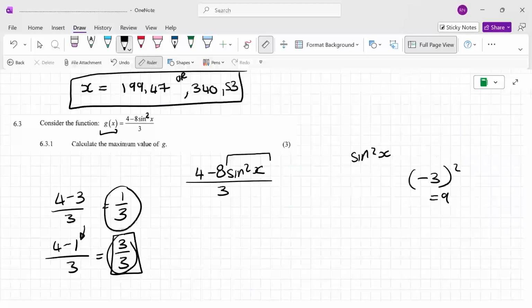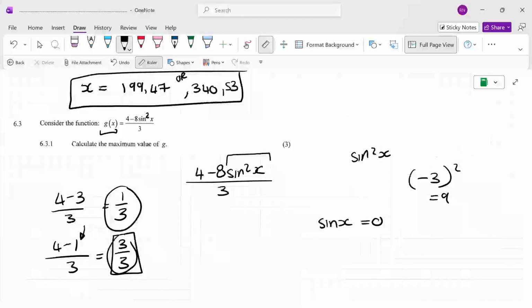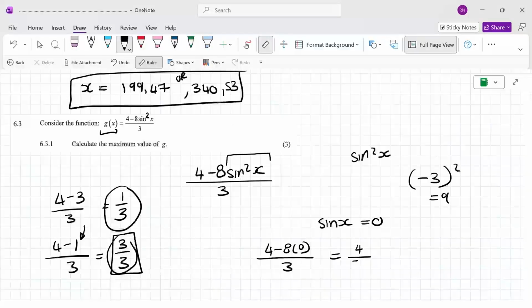So I think the smallest we can make sine is 0. If we can make sine x equal 0, then this is as small as it can go, and it'll be 4 minus 8 times 0 over 3, which will give us 4 over 3.